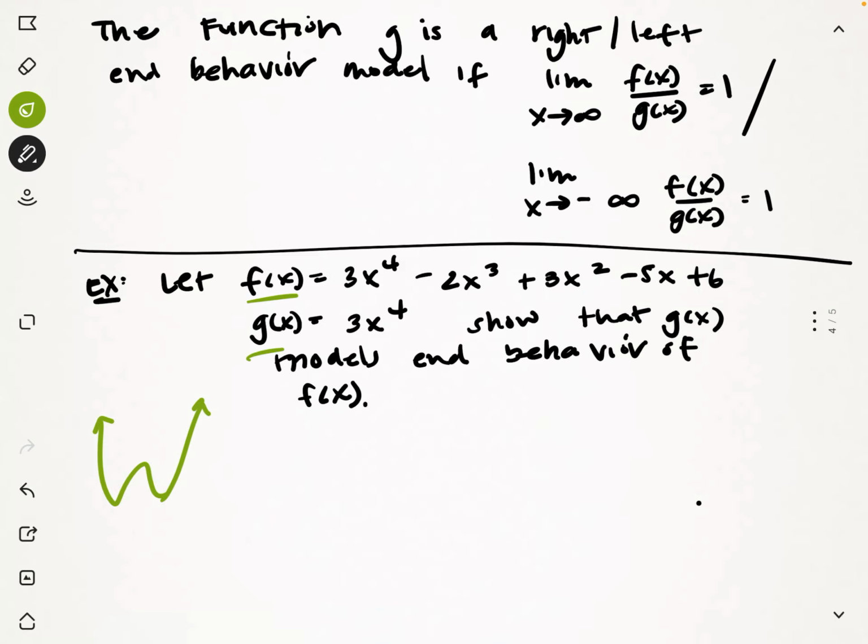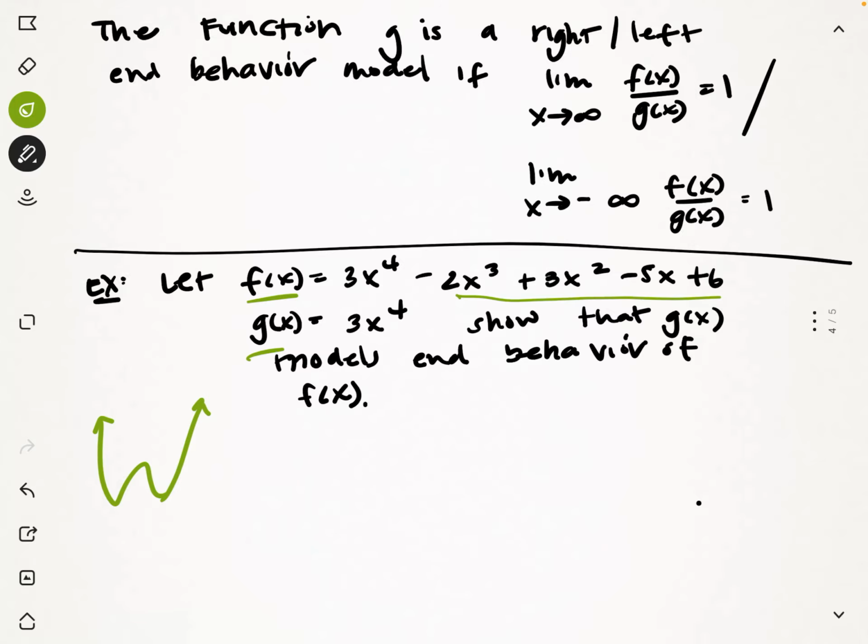Then we have g of x, which is 3x to the fourth. It doesn't have these extras, so it's not going to be as wavy in the middle. But what it's saying is show that g of x models the end behavior of f of x. So let me write this down and we can graph it: 3x to the fourth minus 2x cubed plus 3x squared minus 5x plus 6.